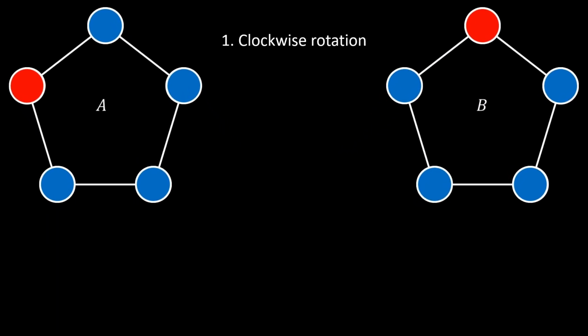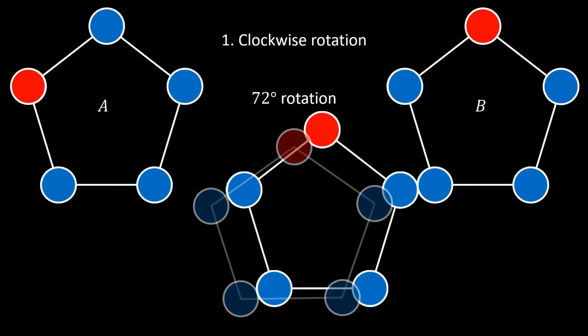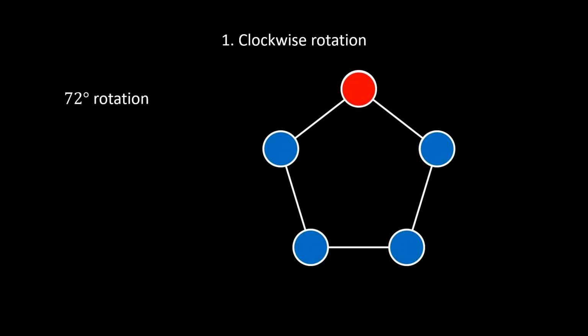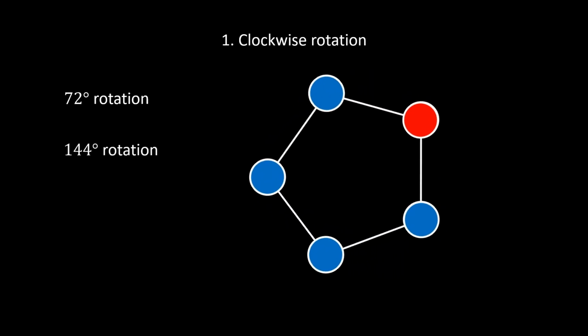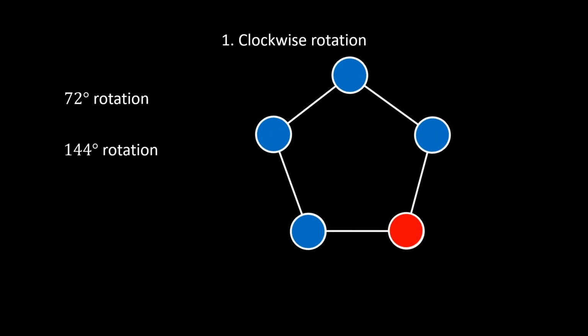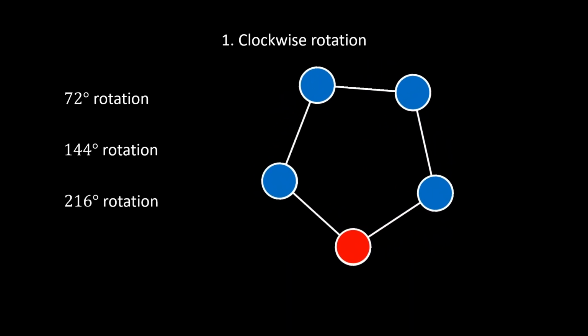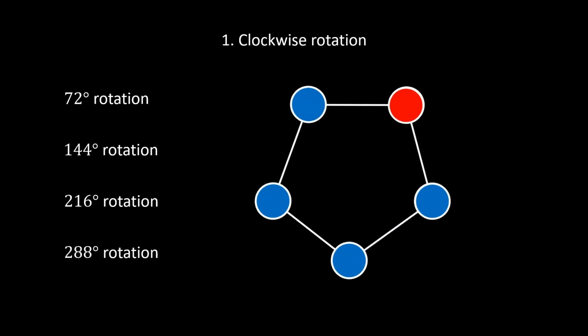This is the symmetry of clockwise rotation by 72 degrees. We can also rotate by 2 times 72 degrees, which gives 144 degrees. And we see that this is also a symmetry of our pentagon, as is 216 and 288 degrees. So our necklace possesses 4 rotational symmetries, which preserve its shape.